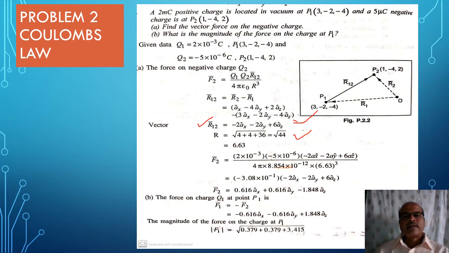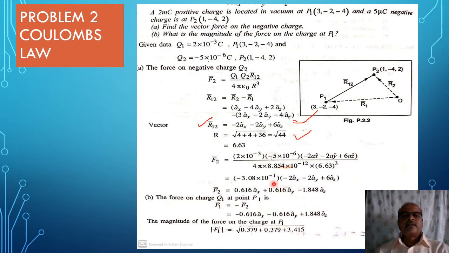q1 is 2 into 10 raised to minus 3. Then q2 is minus 5 into 10 raised to minus 6 here. And this r12 bar value is minus 2x cap minus 2ay cap plus 6az.